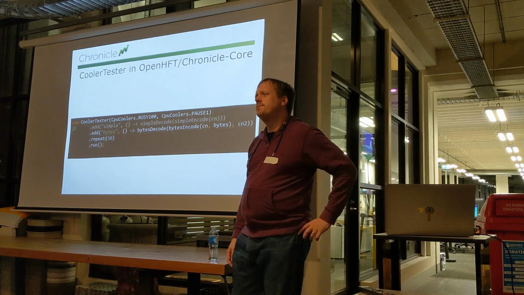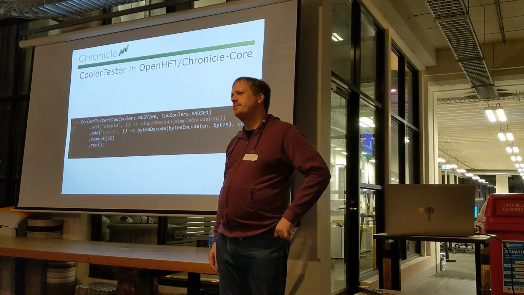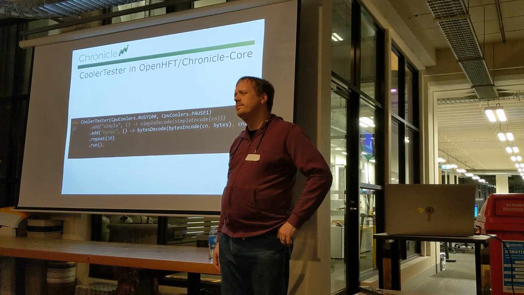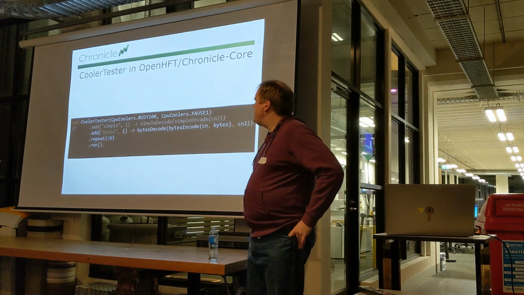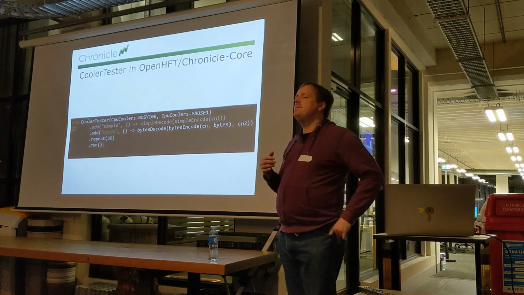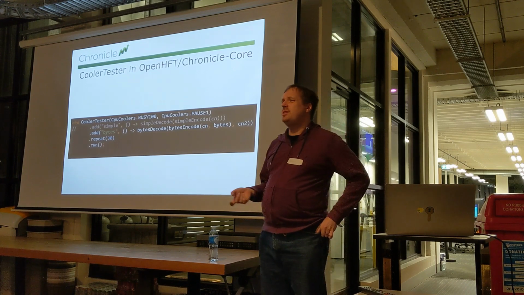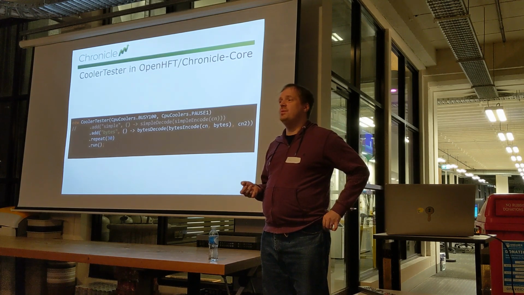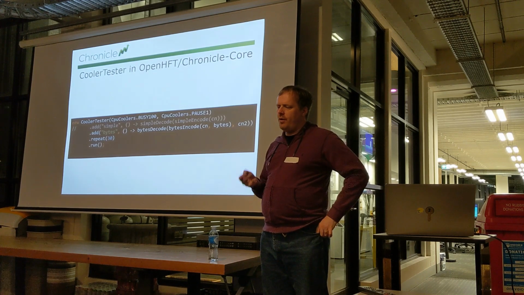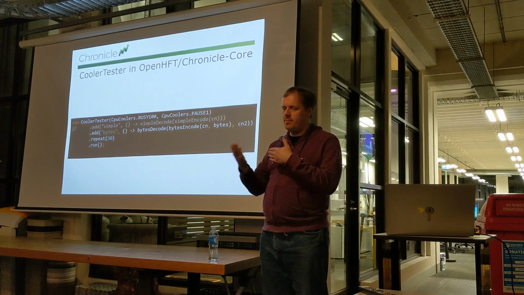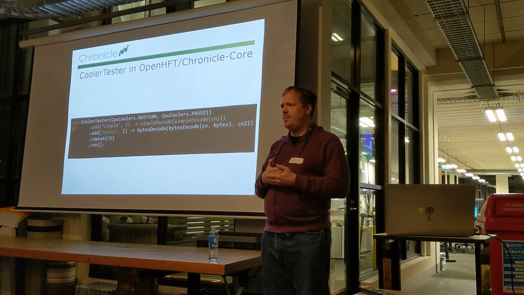Yes? When it came to actually getting numbers, do you use JMH or is that not very useful? So the problem with JMH is it tries to run things as fast as possible. So you only ever get the hot result, which is the best case. And what you often see in JMH is that you get comparable results, JMH versus JMH.